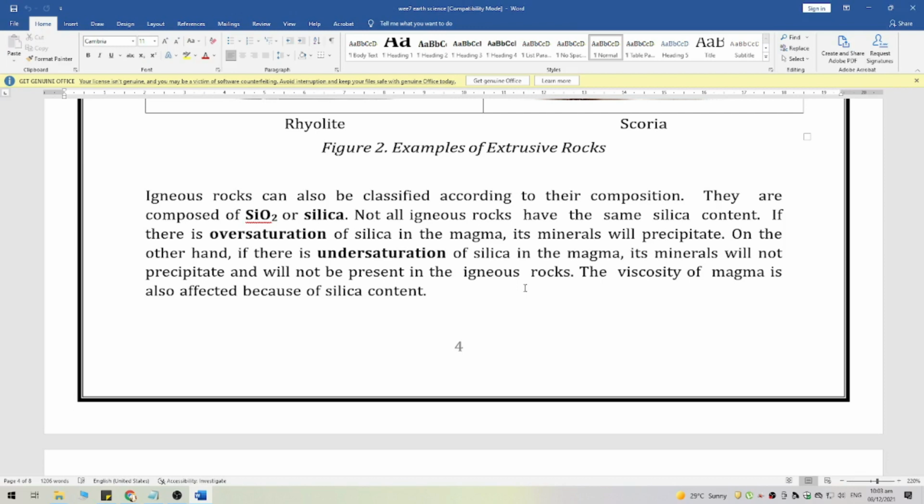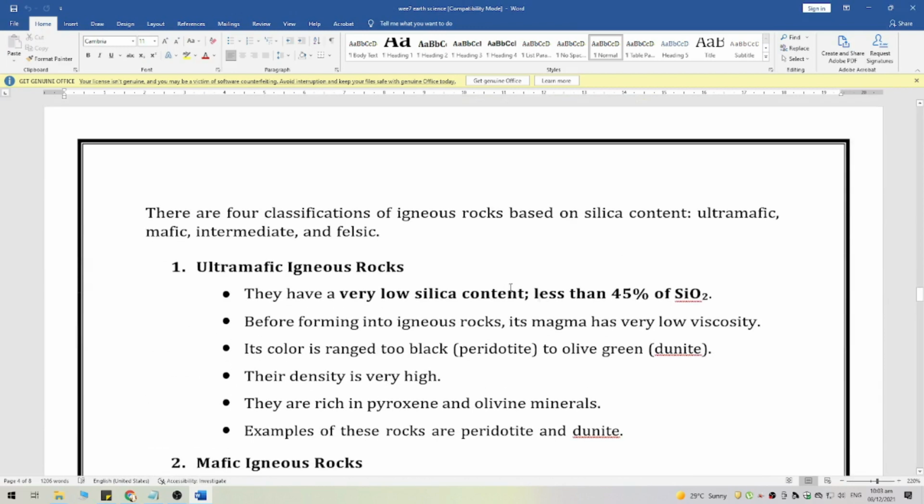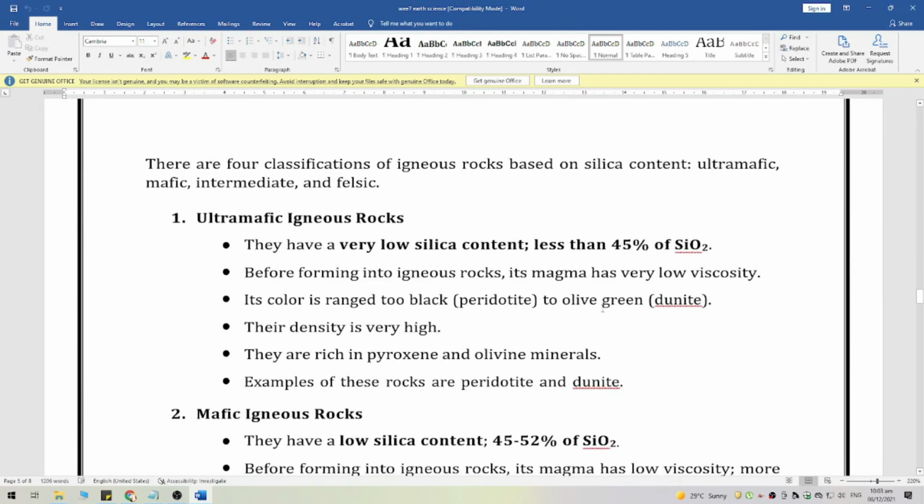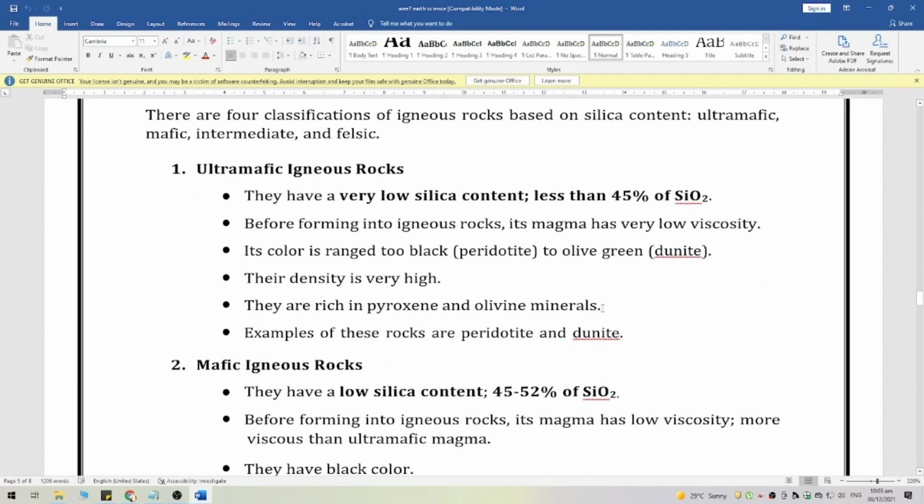There are four classifications of igneous rocks based on silica content. Meron tayong tinatawag na ultramafic, mafic, intermediate, and felsic.